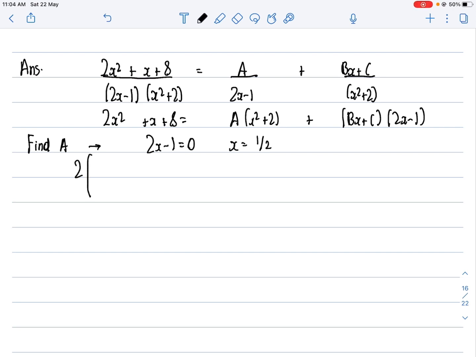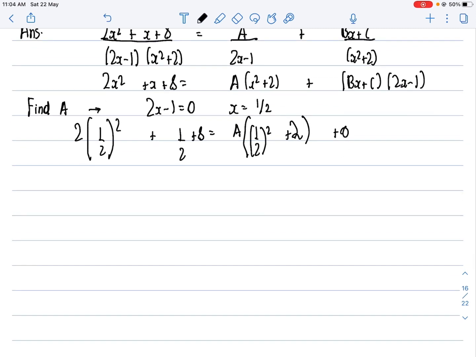So now I'll get 2 into half square plus half plus 8 equals a into half square plus 0. Now I can write this as 2 into 1 over 4, which is simply 1 over 2, plus 1 over 2 plus 8 equals a into 1 over 4 plus 2.